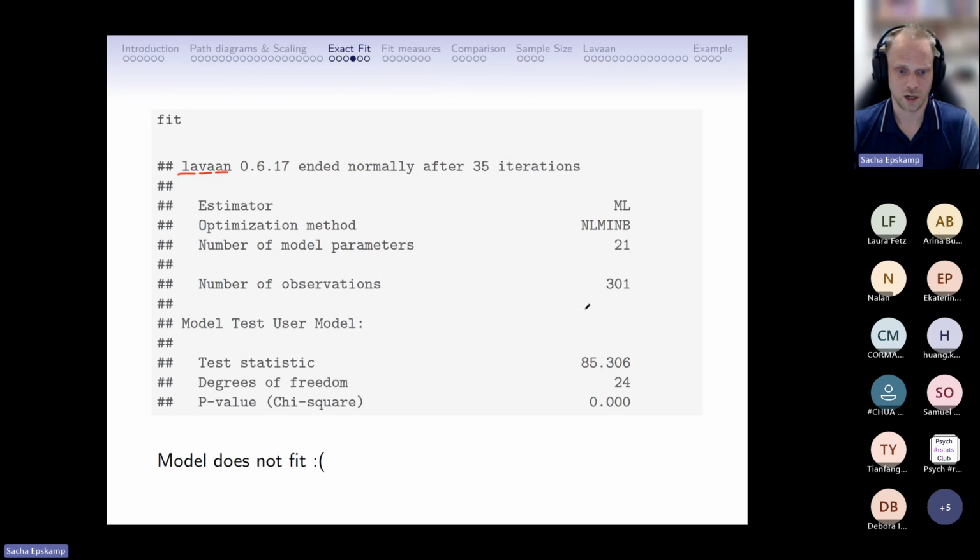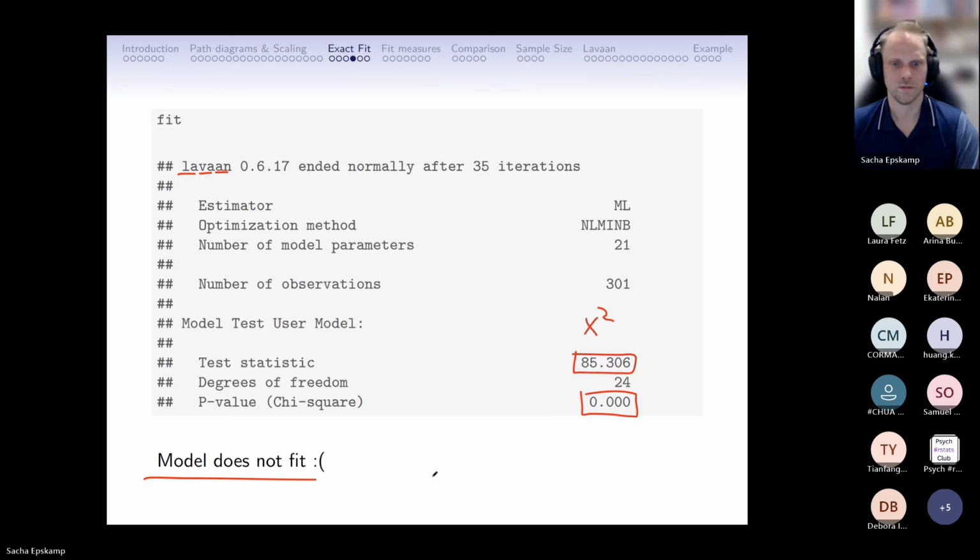Degrees of freedom of 24 with 21 parameters. We get a test statistic of 85, that's the chi-square. And the p-value is pretty much 0, not actually 0, but very, very low. The model does not fit.